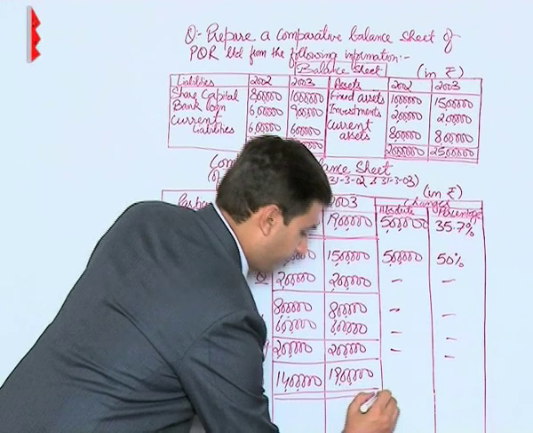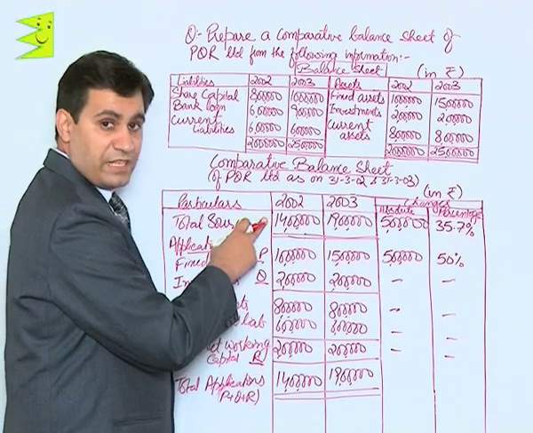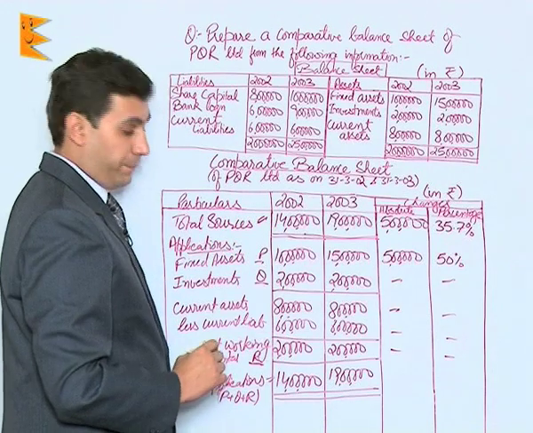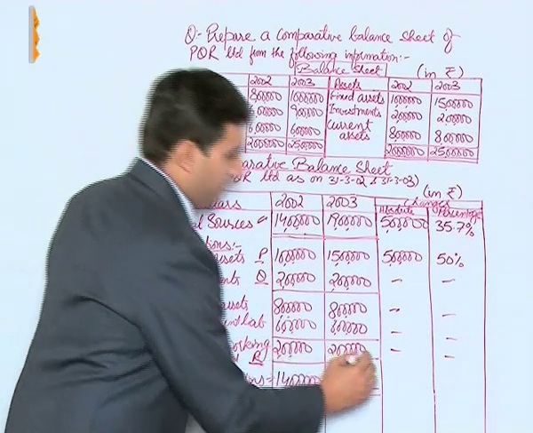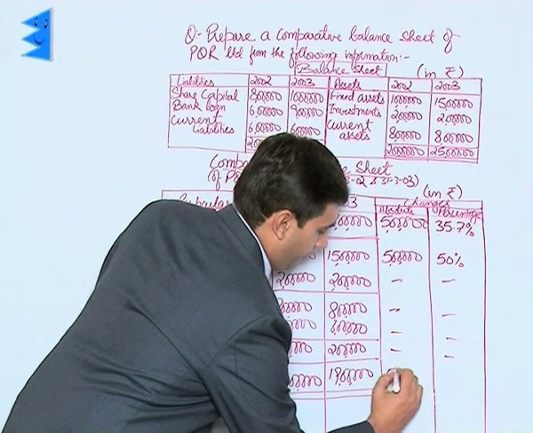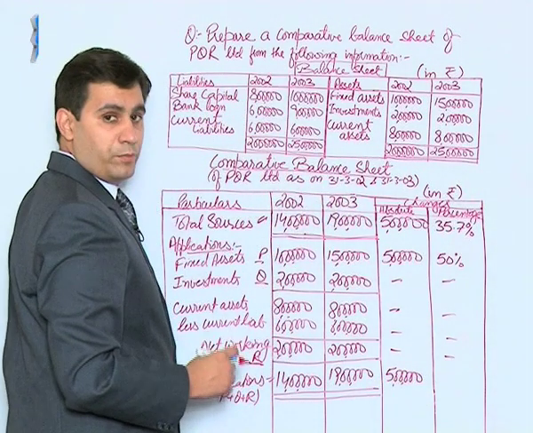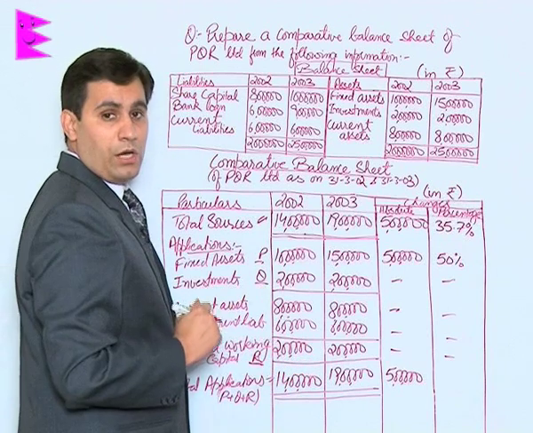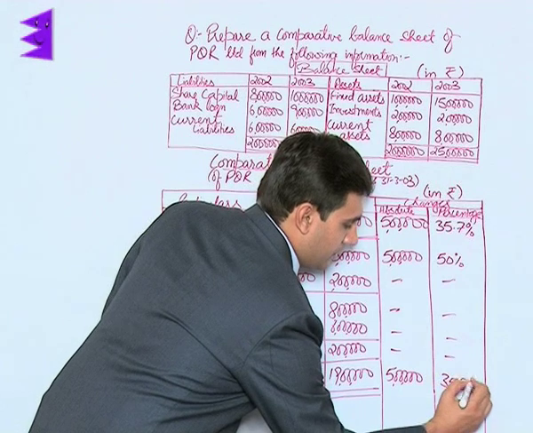We can see that the total applications and the total sources that we had calculated earlier, this 14 lakh and this 14 lakh are same. The absolute change would be 19 minus 14, which is 5 lakh, and the percentage change would be 5 lakh upon 14 lakh into 100, that comes to approximately 35.7%.